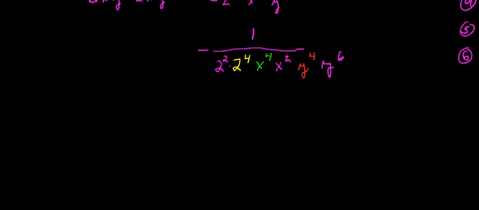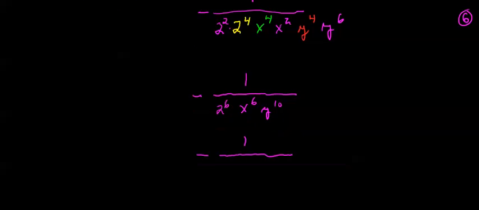Now, the rule says when we multiply like bases, we add the exponents. So I have 1 over 2 to the 6th power, x to the 6th power, y to the 10th power. 2 times 2 times 2 times 2, 6 times, we all know is 64.